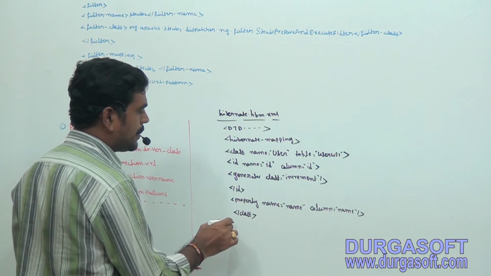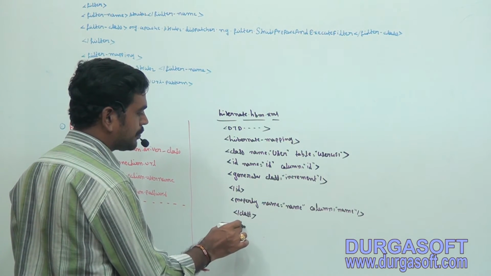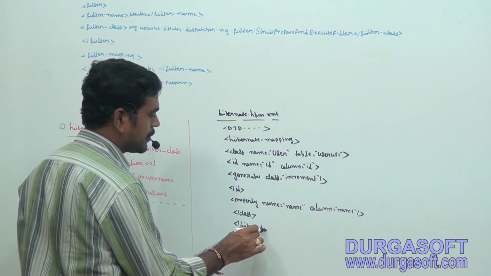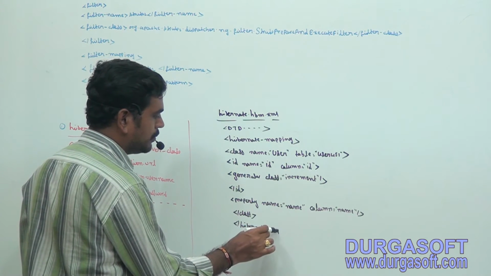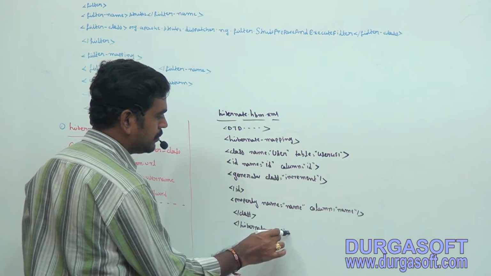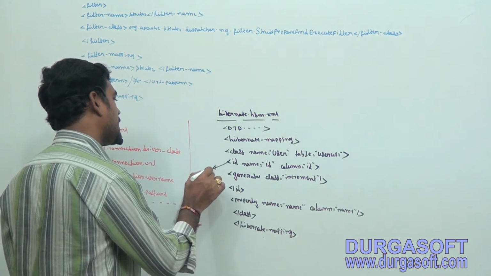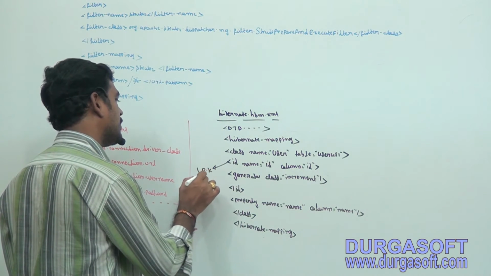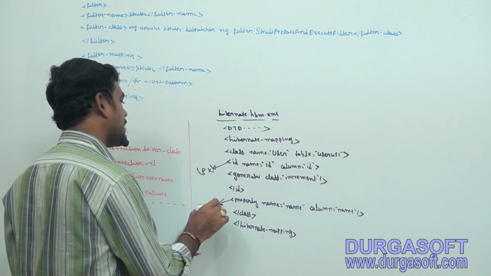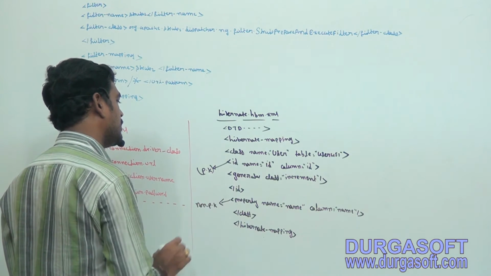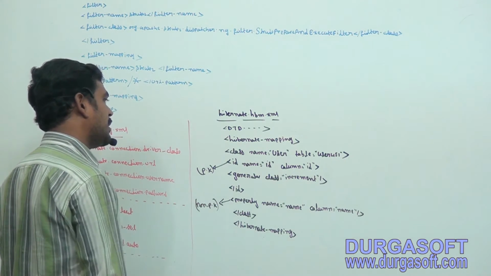Then close the hibernate-mapping. This is represented as a primary key. This is represented as a non-primary key.